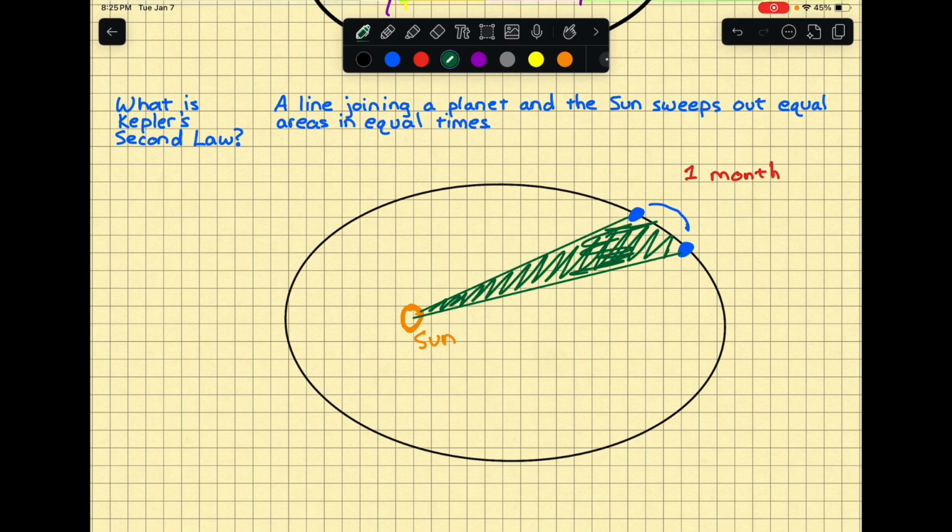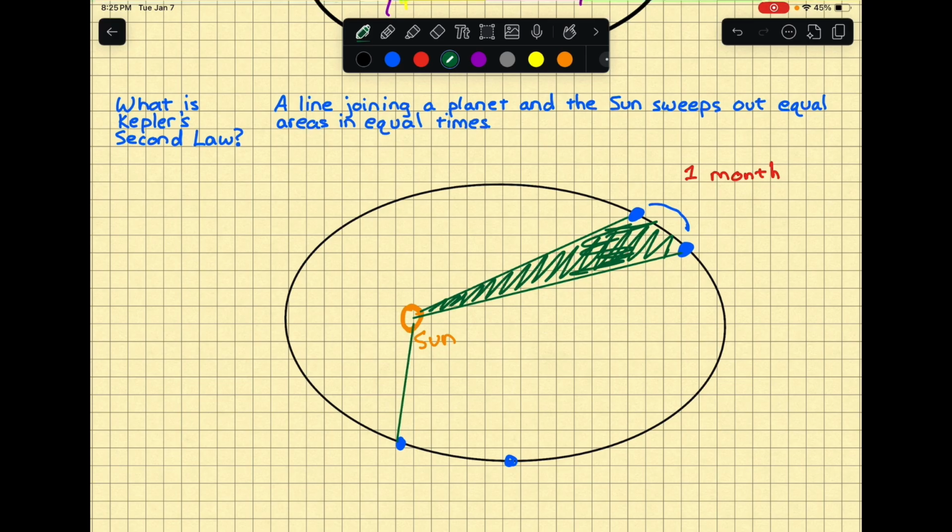What Kepler's second law is saying is that for any other 1 month period, let's say we're going from here to here, this planet is going to sweep out an equal area.